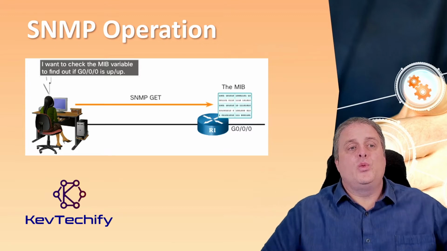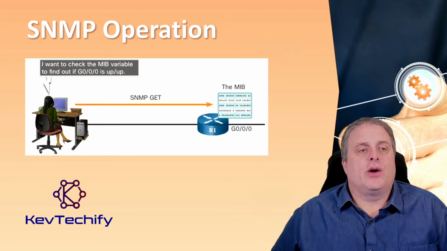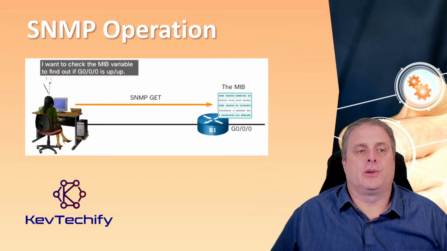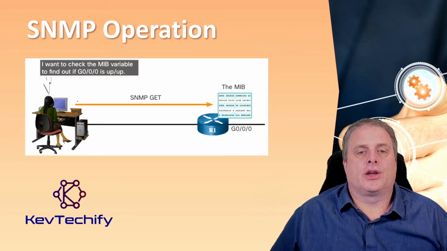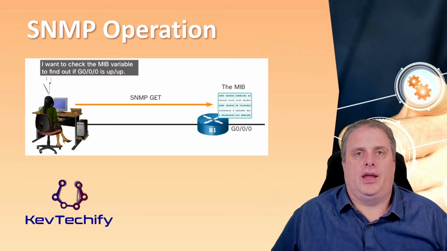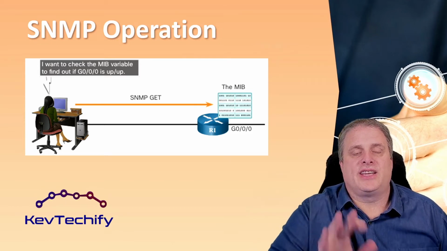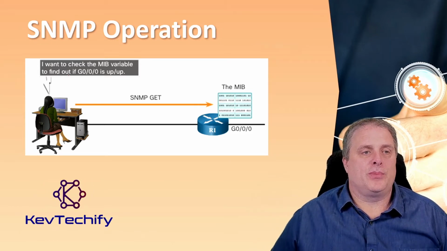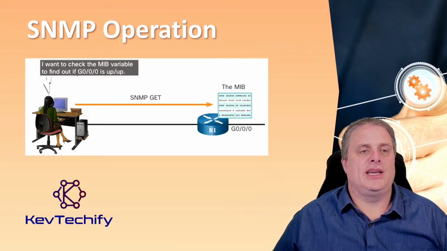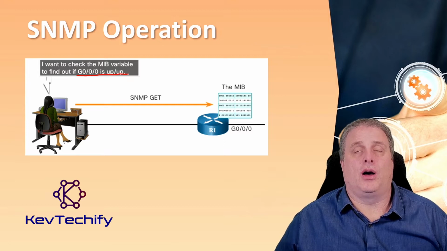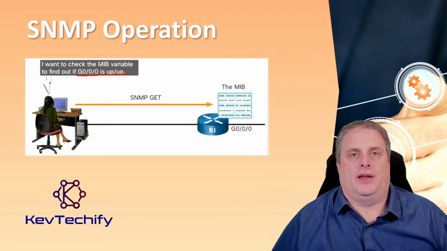How SNMP works is you as the network manager, you're sitting at your computer and you're connected into a device and you want to find out a piece of information. You send an SNMP get. In this example, we want to check the variable to find out if our Gig 0/0 is up. There's a variable for that.